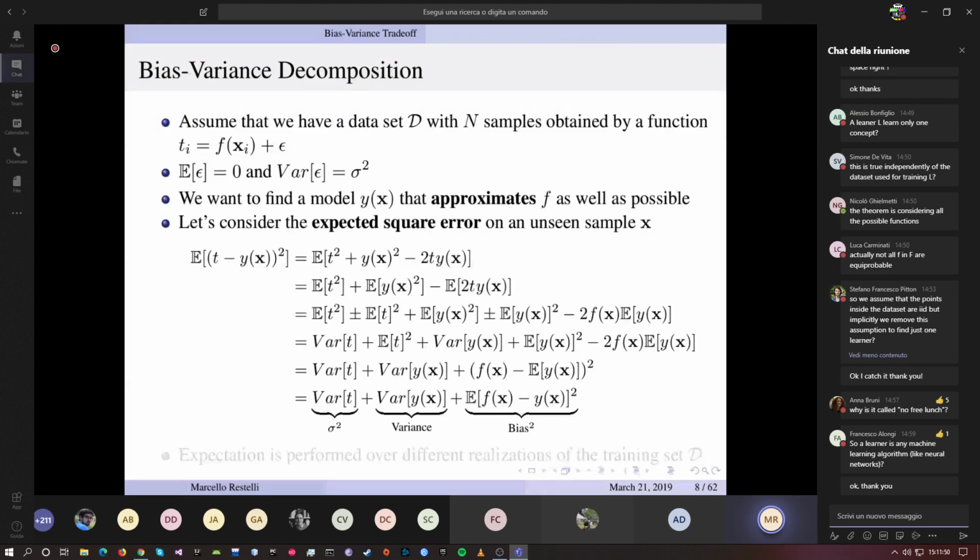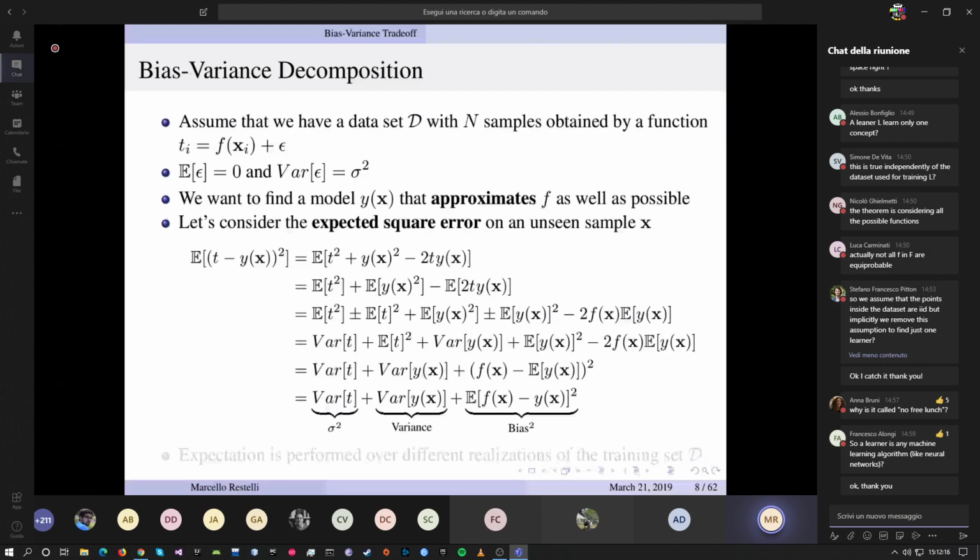Pay attention that all these expected values and variances are taken with respect to different realizations of the training set. So the stochastic part here is that I am training a model with different realizations of the training set, with a fixed sample size. And I'm saying that I have some kind of variance.